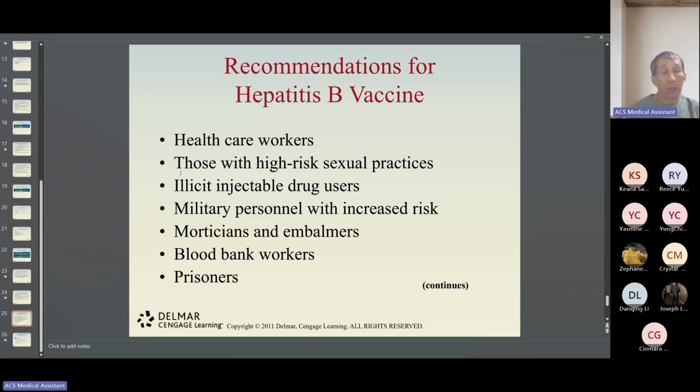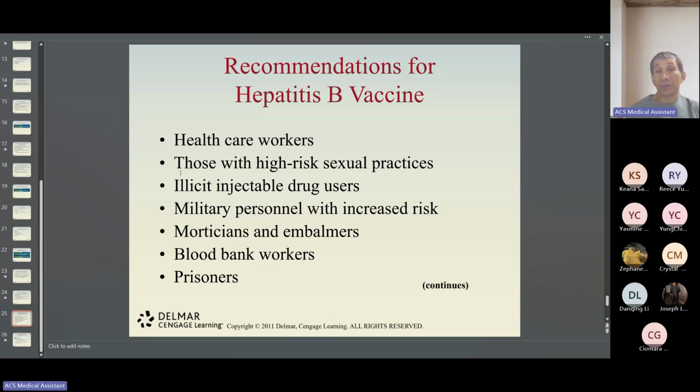Last resort, the medical doctor might offer you the hepatitis B vaccine. Now, this hepatitis B vaccine is given in 3 dosages, 3 times: once today, another one 2 months later, and another one 3 months after the first one.